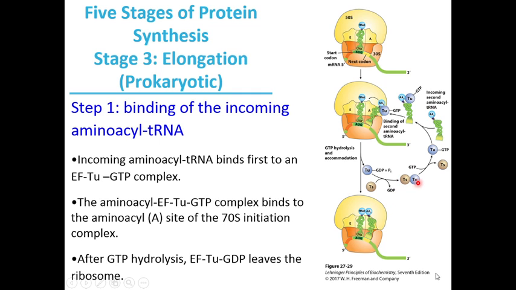The TS-TU complex is then further bound by GTP, which binds to TU and forms the TU-GTP complex. So this is a cycle, and this cycle continues in the elongation process, especially step 1 of the elongation process.